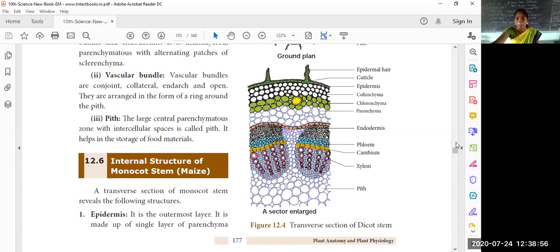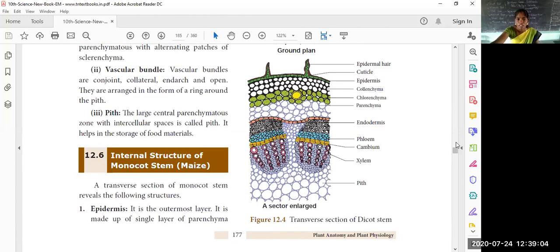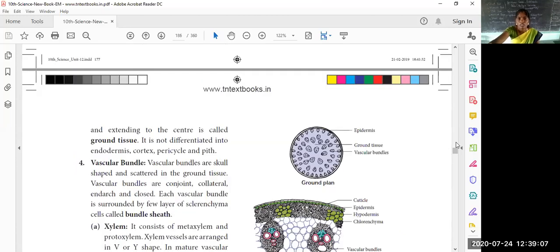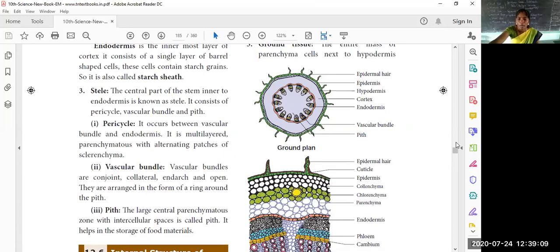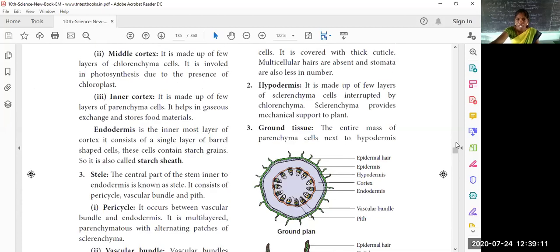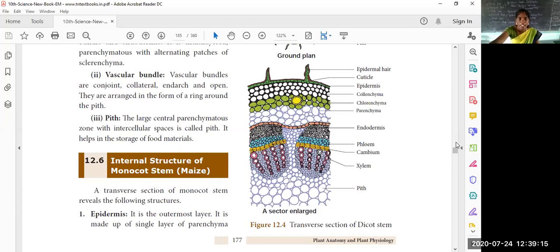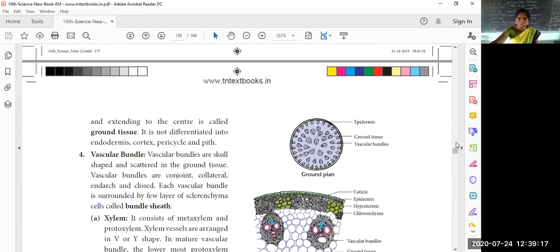Then the endodermis, next phloem, xylem, then the cambium, and pith. Next, ground tissue. The entire mass of parenchyma cells next to the hypodermis and extending to the center is called ground tissue. It is not differentiated. Here there is no difference between endodermis, cortex, pericycle, and pith.